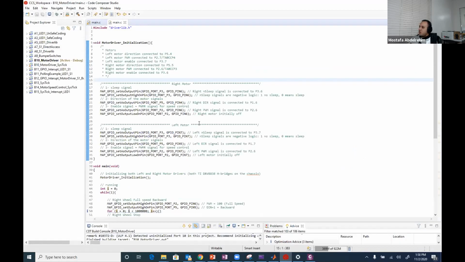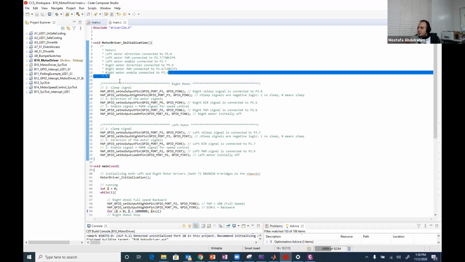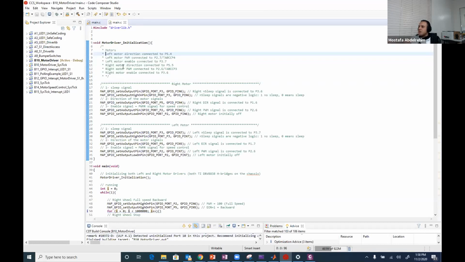So let's see what we're gonna do. I just copied and pasted what we need here. Okay, and let's write this in the sleep signal. And here is enable and parentheses.